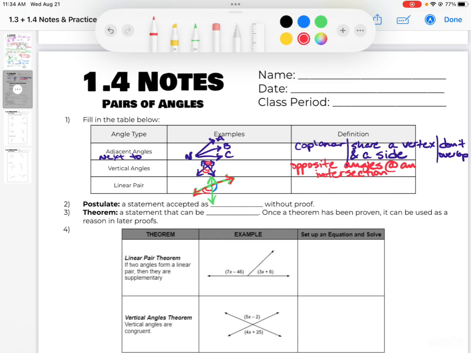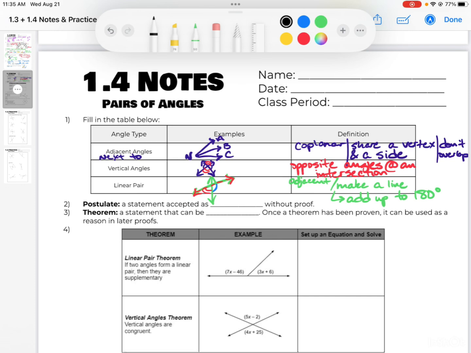Important thing about them is they are adjacent, which means next to each other. That's the first part. The next important part is that they make a line. And another way of saying that is that when you take the two values of them, they add up to 180 degrees.